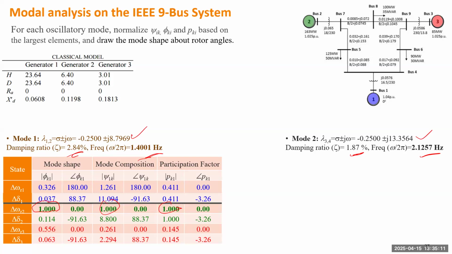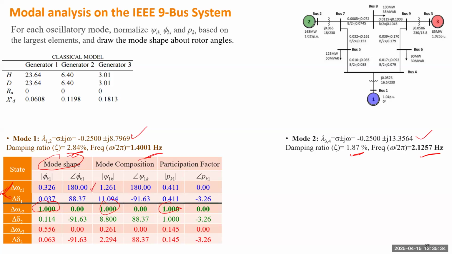So why do I draw a solid black line separating the first variable, which is generator number 1, from the other two? Because when we check the mode shape based on the angle, let's see, we use frequency.